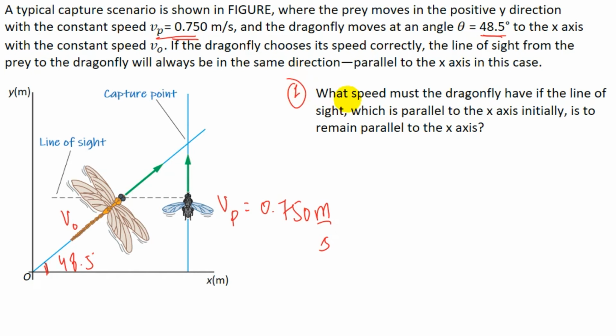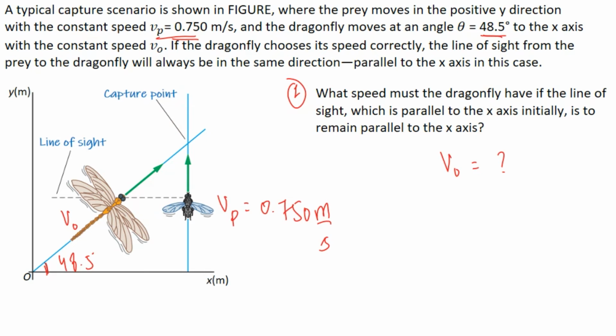It says, what speed must the dragonfly have if the line of sight, which is parallel to the x-axis initially, is to remain parallel to the x-axis? So what should be the value of V0 such that the line of sight remains parallel to the x-axis throughout the motion?